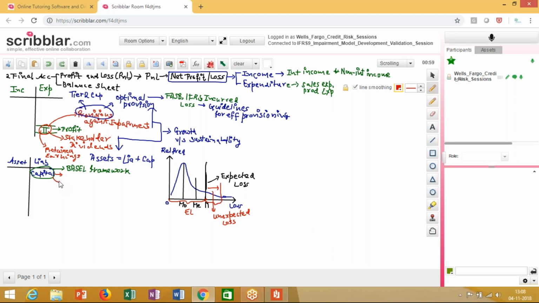So a bank typically has three kinds of capital tiers. First is tier 1 capital. The second is tier 2 capital.